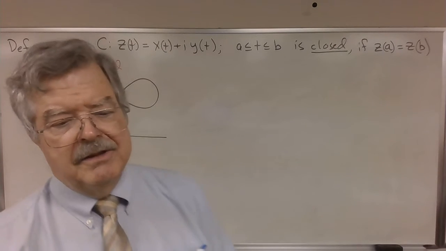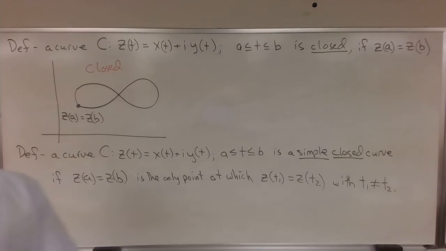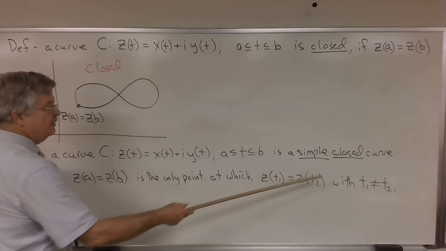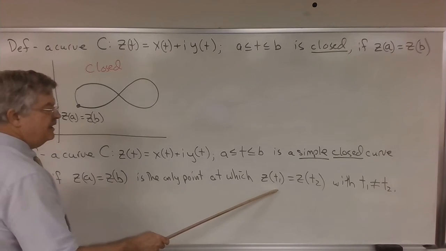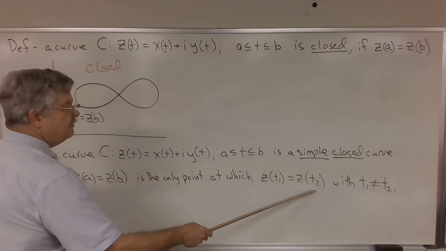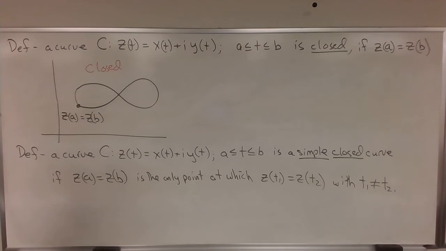Now I can add a little bit more to the definition. A curve C is a simple closed curve if the beginning and end points are one and the same, and this is the only point at which z of t1 equals z of t2 where t1 is not equal to t2.